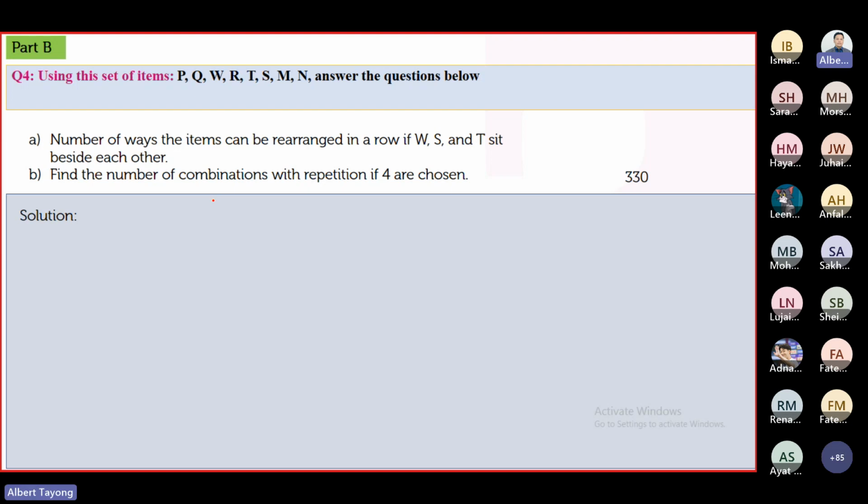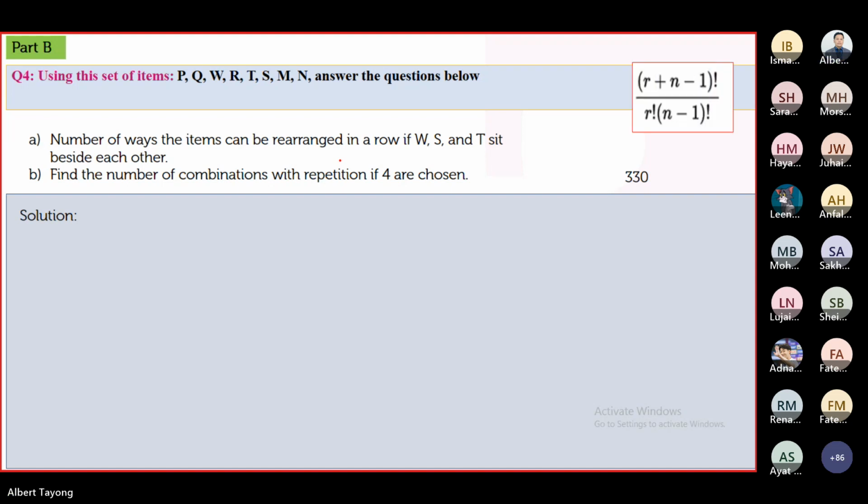Now, for example, we have here P, Q, W, R, T, S, M, N. Answer the questions below. There are two questions here. First one is number of ways the items can be rearranged in a row if W, S, and T sit beside each other.